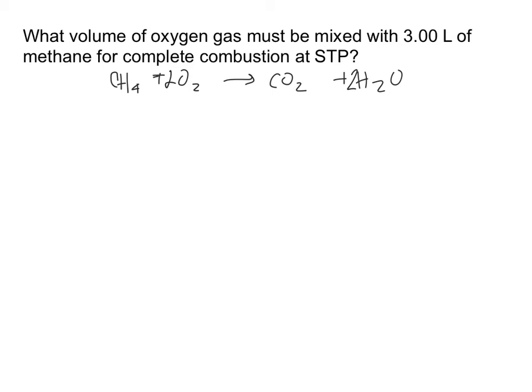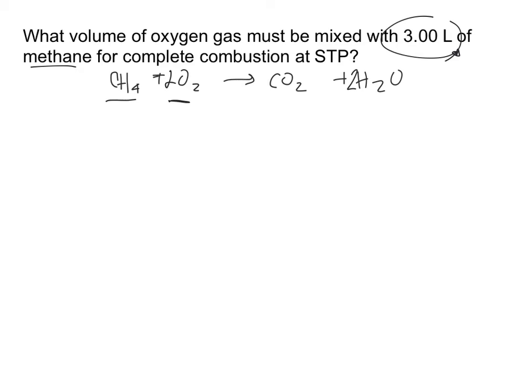First of all, they told us that we have 3 liters of methane, so we were given a volume measurement of methane right here. Now they want to know what the volume of O2 is that I'm going to need in order to complete the reaction, basically to use up all of the 3 liters of methane.